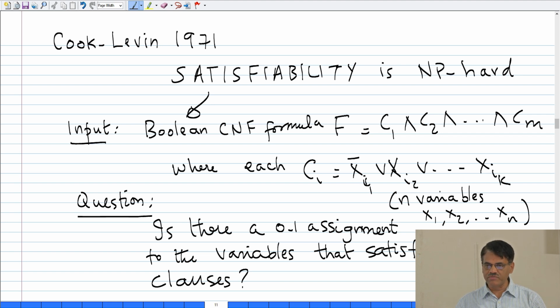The satisfying assignment would be the computation path in the Turing machine. So, everything boils down to minutely describing the Turing machine as a Boolean formula, and that would give you the proof. In fact, at least Cook won the Turing award for this work on NP completeness.